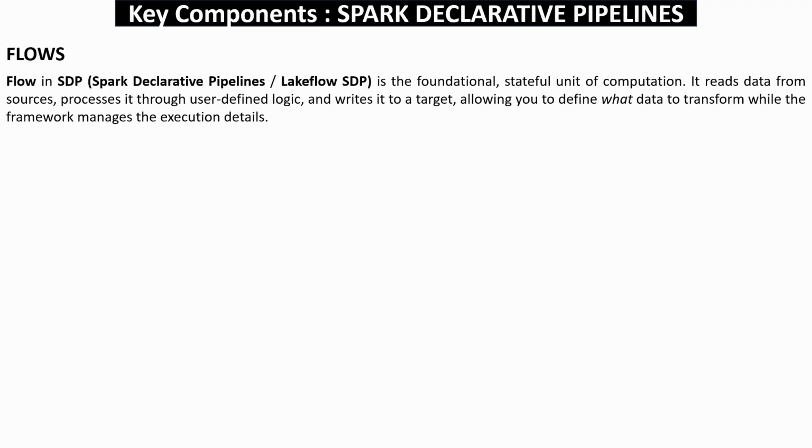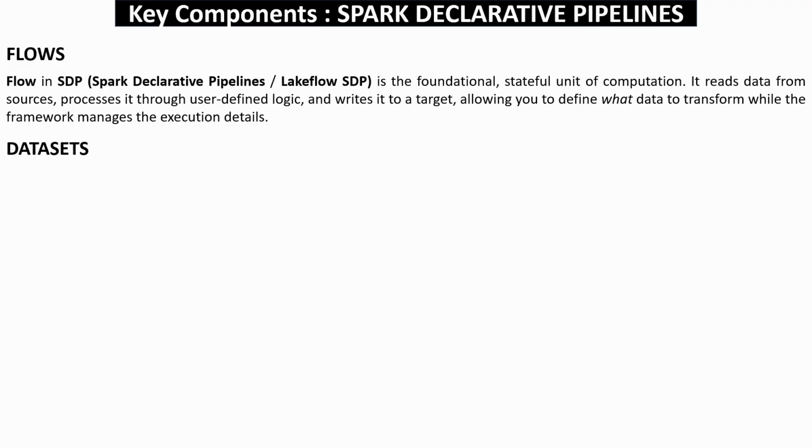Okay. This whole reading, processing, and writing is the flow in Spark Declarative Pipelines. As we just discussed, it focuses on what data to transform and how, and the framework side is managed by Spark. This is known as flows. Next is datasets. Datasets are the target objects generated by the flows.